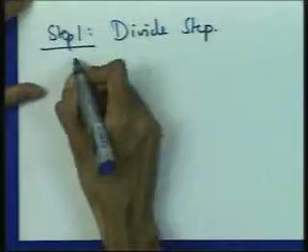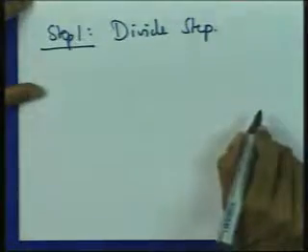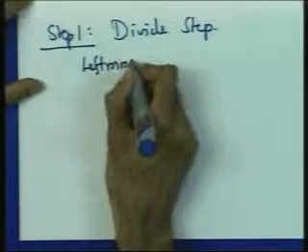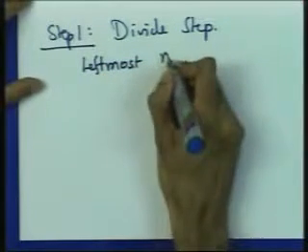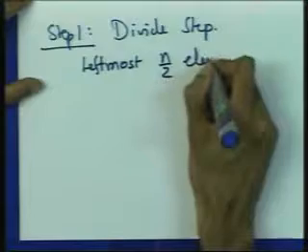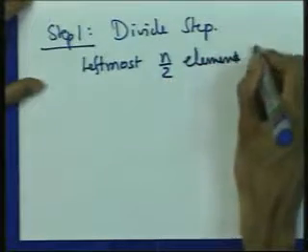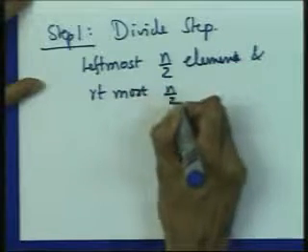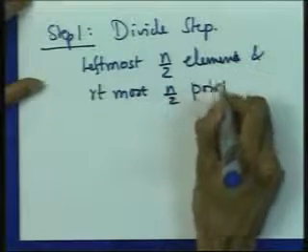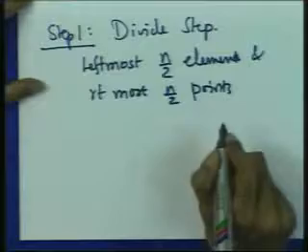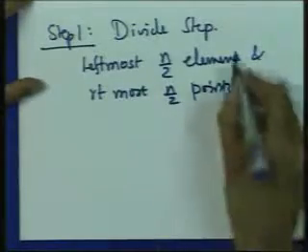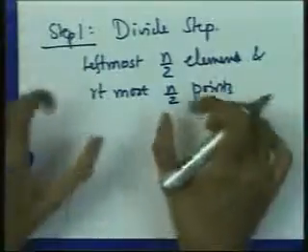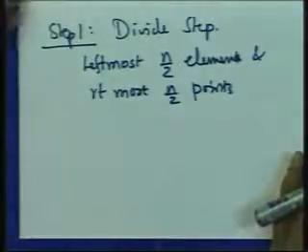So since points are sorted on x coordinates, find the leftmost n by 2 points and rightmost n by 2 points. This gives you the 2 sets.